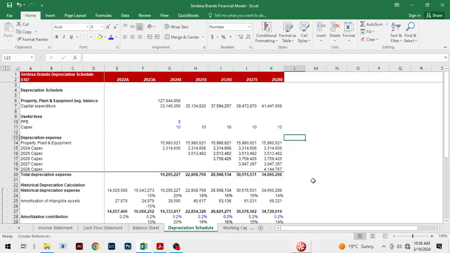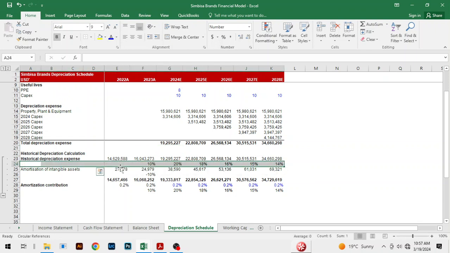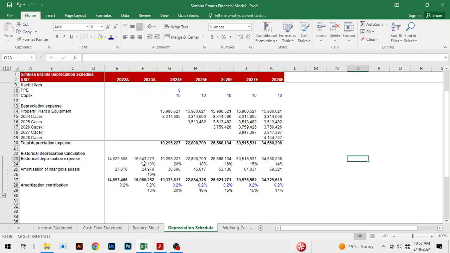Right, so before I can link this depreciation in the income statement, I have to do a cross check. Okay, so for the cross check, I found depreciation for property, plant and equipment plus the right of use assets grew by 10%.